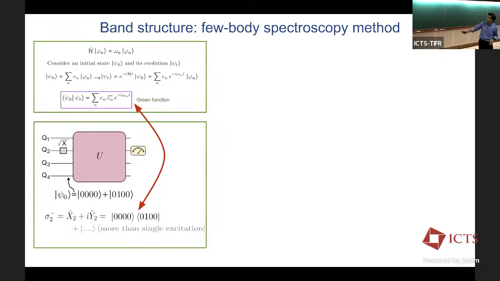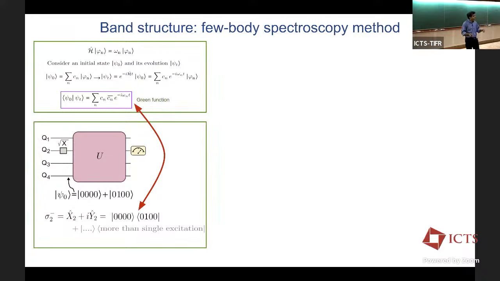There is an initial state, and that's the evolution. Look at this overlap. If you could manage to compute this overlap, you would get this complex signal, whose Fourier transform gives you exactly the eigenenergies of the problem.